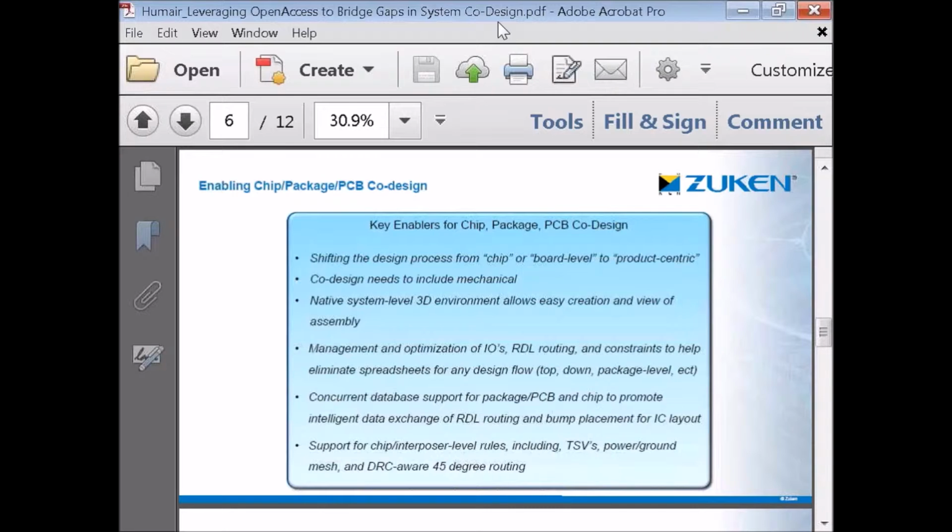So whether we're talking about the actual IC design or doing an interposer, having a system that allows you to manage a very flexible flow to do your I/O management and RDL routing constraints is critical. So these are some of the examples of key elements that we thought we were going to need to enable this whole true single unified co-design environment. So if we get to the next slide.